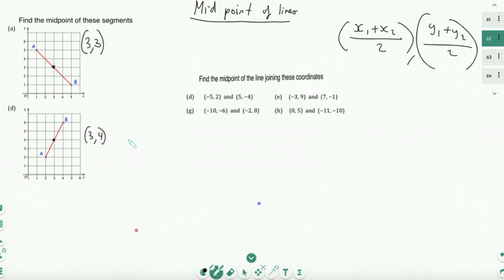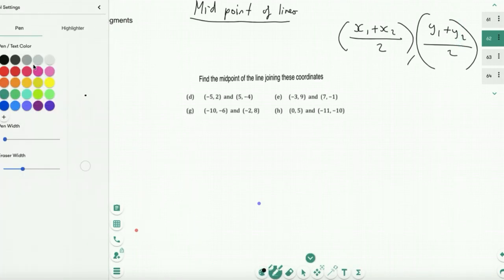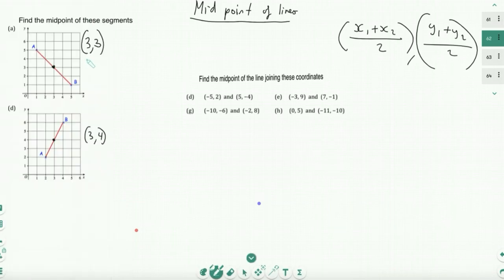Let's say we're trying to find the midpoint of this line, and we're not 100% sure what the midpoint is. What we do is we'll write out both coordinates. So the A coordinate is 1, 5, and the B coordinate is 5, 1. Okay? And we're just going to plug into this equation.